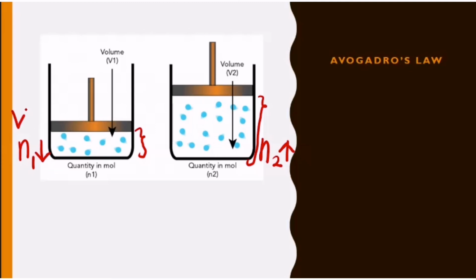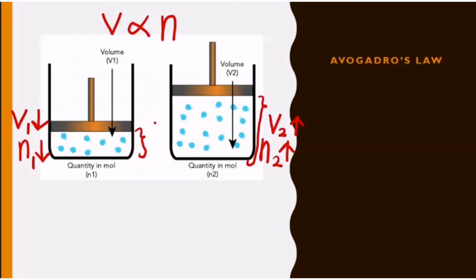So, I will label this as V1 lower, V2 higher. So, this is actually applying Avogadro's law, which states that V is directly proportional to n at constant temperature and pressure.